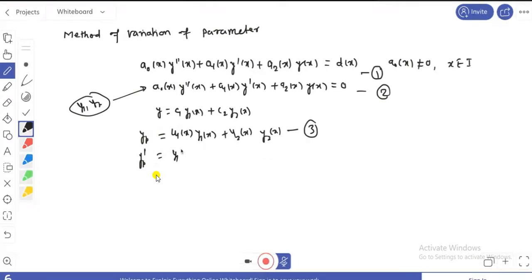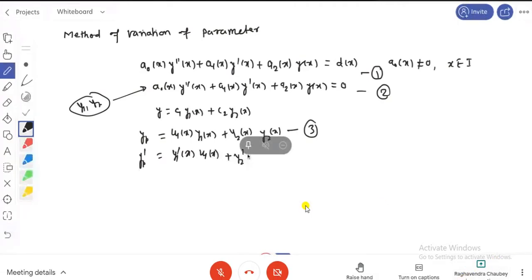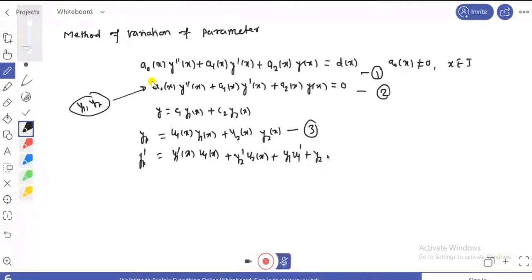This is y1' u1(x), and this is y2' u2(x), plus y1 u1' plus y2 u2'. Here we set this thing to zero, because we don't want second-order derivatives of u1 and u2. So this satisfies the condition, and that one is y1(x) u1'(x) plus y2(x) u2'(x) equals 0.